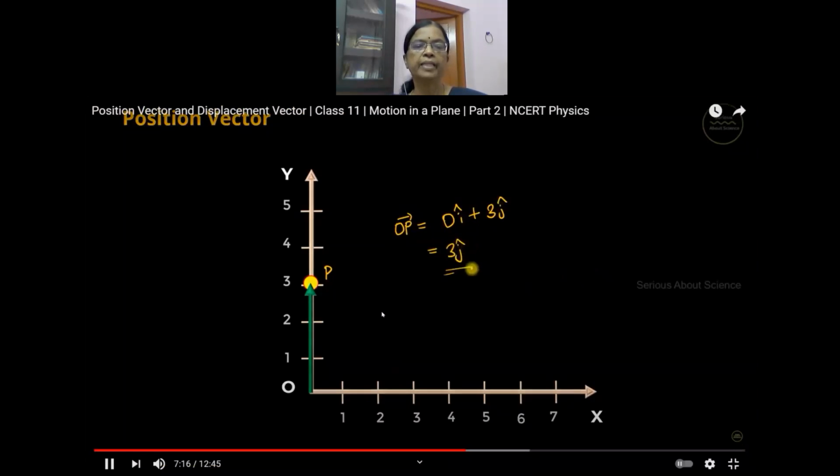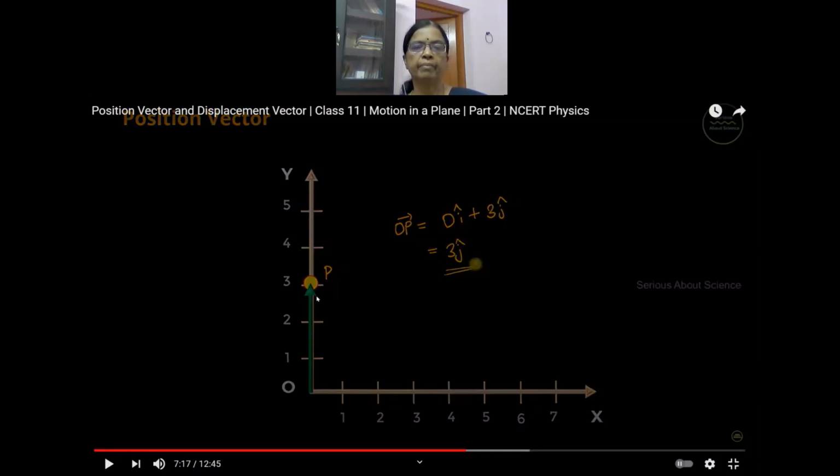Along the y direction, the body moved 3 centimeter. So there is no x component in this, only the y component is there. So we can write 0 I cap. In the x direction nothing is there, the x component is 0. Only the y component is there, so 3 is 3 centimeter. So we write 3 j cap.